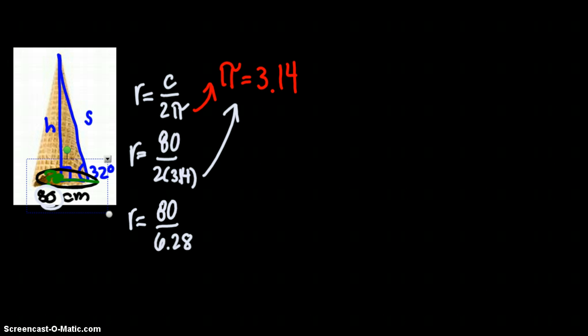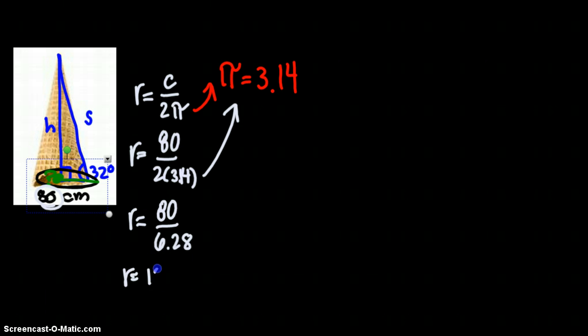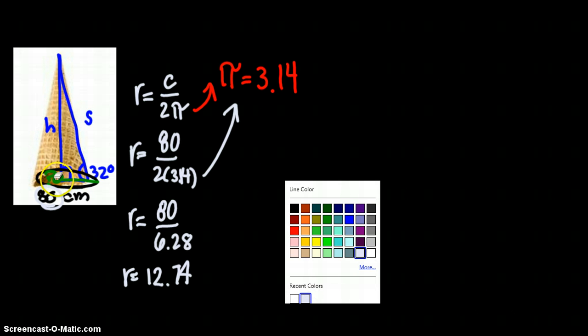Now you just divide 80 by 6.28, press enter, and that gives you 12.73. Or, if you wanted to, you could round up to 12.74 to give you a more accurate result. So, this radius right here that we didn't know before, now it would be 12.74.